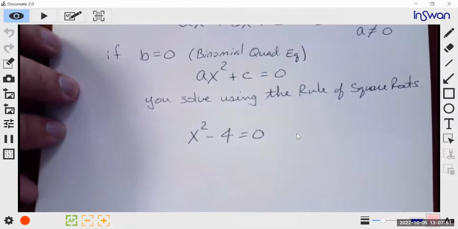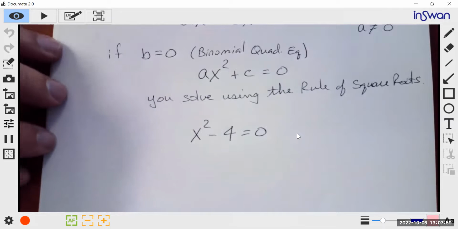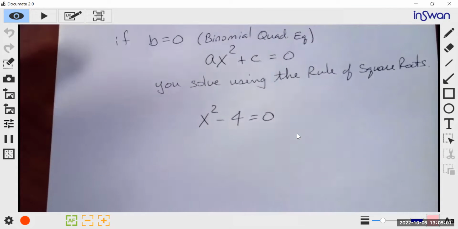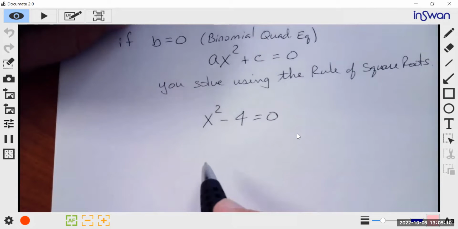Let's look at this equation. We only have two terms. So we can use the quadratic formula. We can use complete the square, but it's going to be a lot of extra work. It's only two terms. So how do you solve this one?